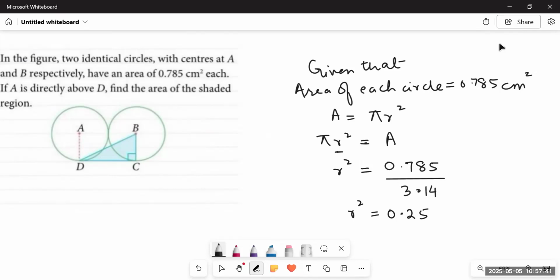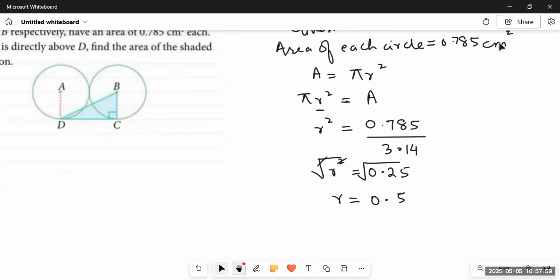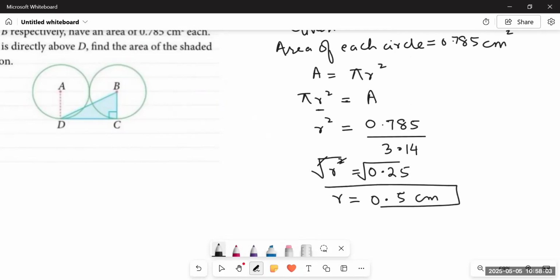And then we will find the radius because it's r squared, so we will take the square root on both sides. The square root of 0.25 would be 0.5, right? And the unit for this would be centimeters. So here's how we can find the radius from a given area of a circle.